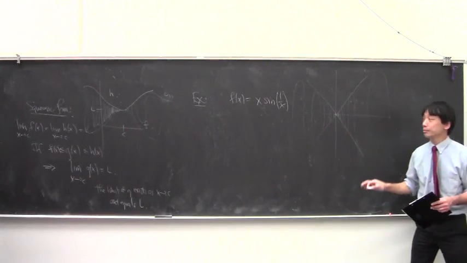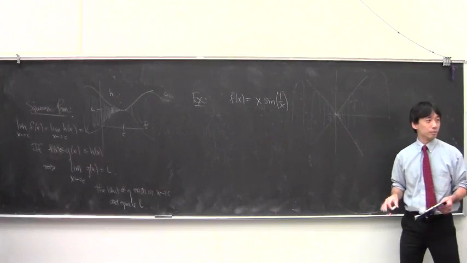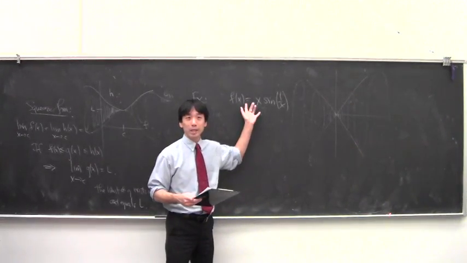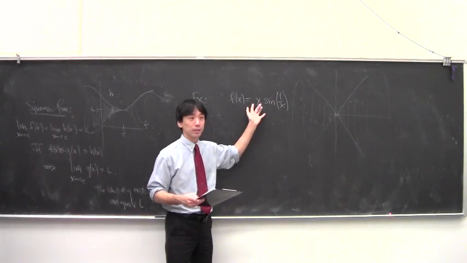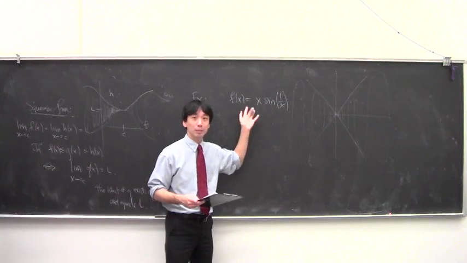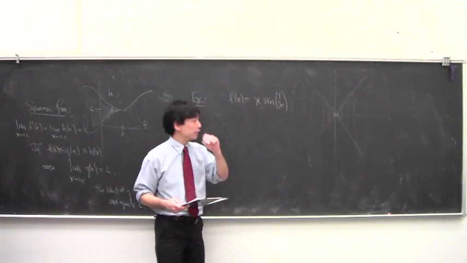If you graph it out, that's what you'll see. It oscillates a lot. But if somebody asks you, what's the limit as x goes to 0, just from looking at the picture, it'll be 0, right?